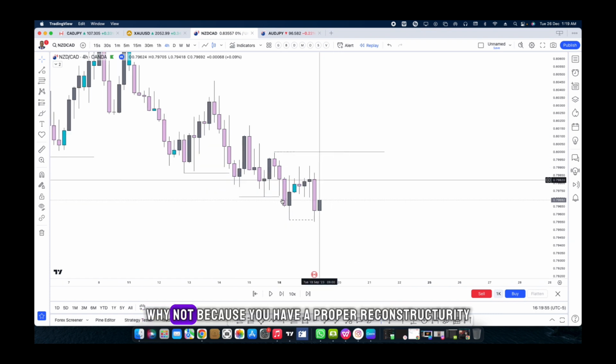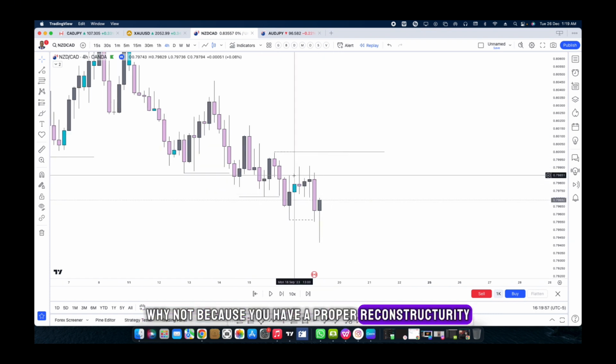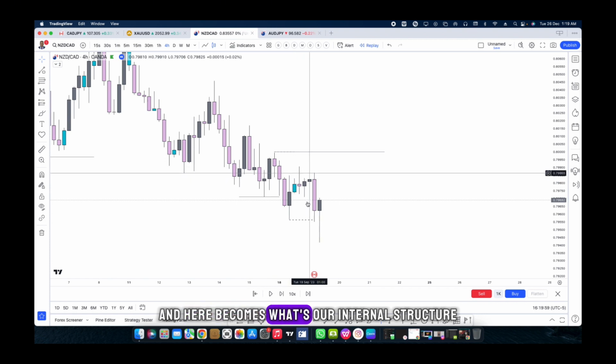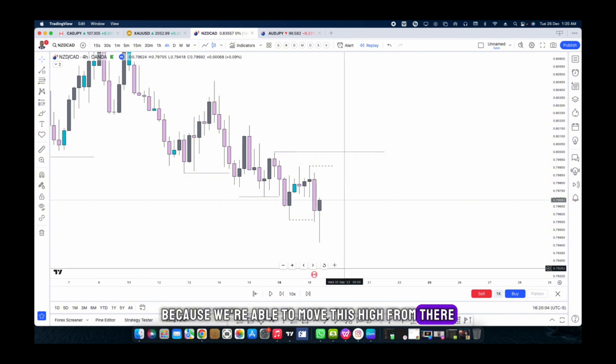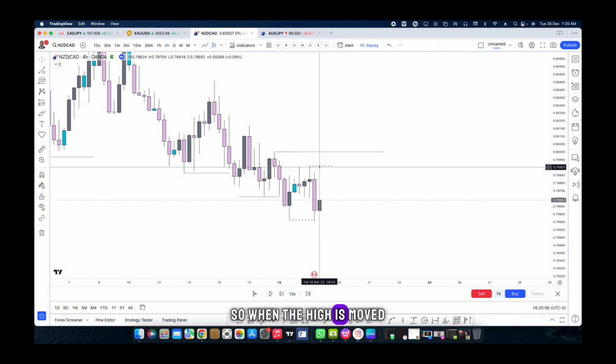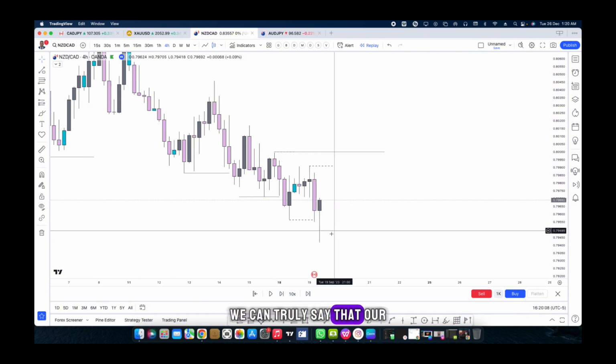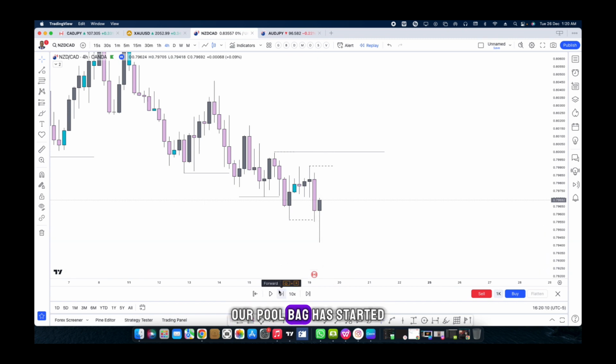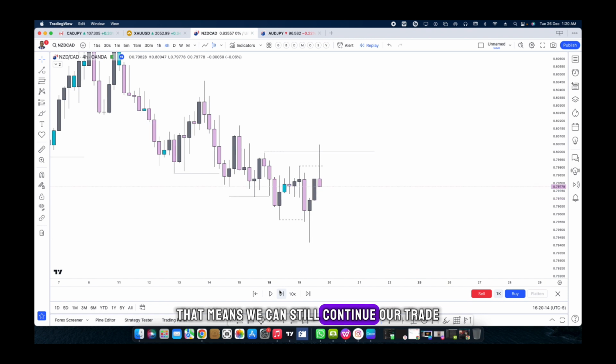Why? Because we have a proper breakout structure there, and here becomes our internal structure, because we're able to move this high from there. So when the high is moved, we can truly say that our pullback has started. But if that low is not moved yet, that means we can still continue our trade.